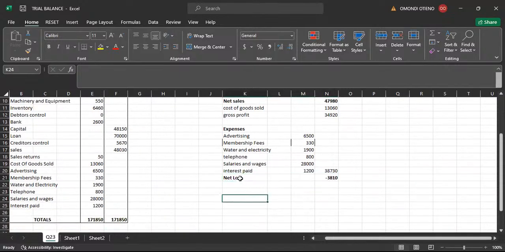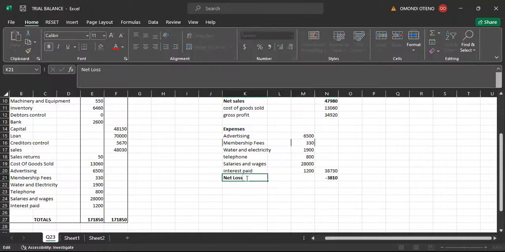Now, remember this one here is not always taken to our balance sheet directly. What we do, this is the loss or profit for the year. So this is net loss stroke profit for the year.